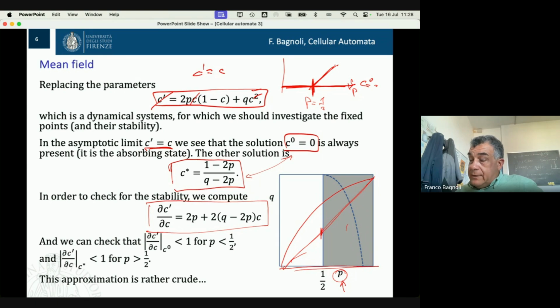And so what is said by this approximation is that the phase transition should occur for p equal 1/2, independently of q. This is the numerical line, so you see that there is a certain difference between the mean field approximation and the actual values, which is due to the correlations inside the system.